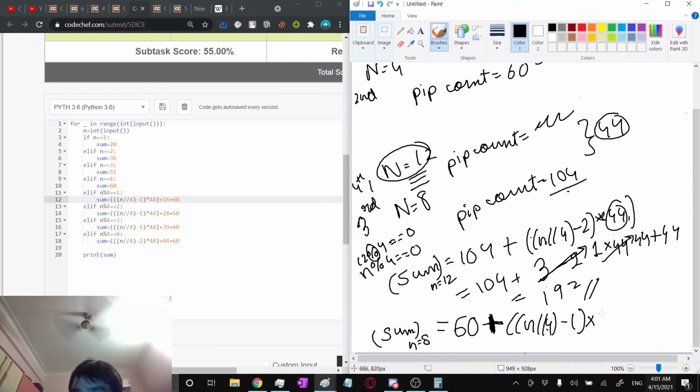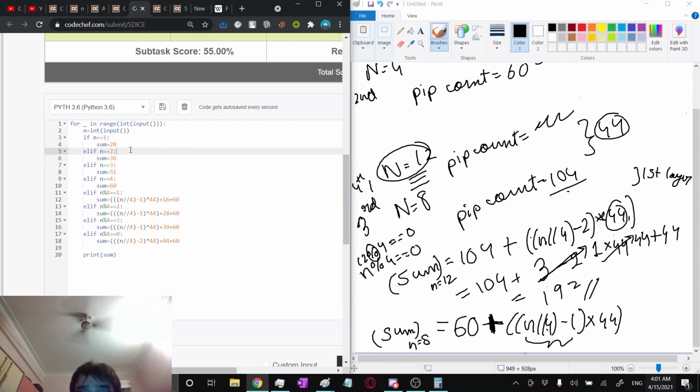Now what is going on over here? N minus n divided by 4. We are checking in which layer it is. So if it is in the first layer, obviously it can't be in the first layer, since for the first layer we already did, we are printing the sum directly, so it won't reach over here.